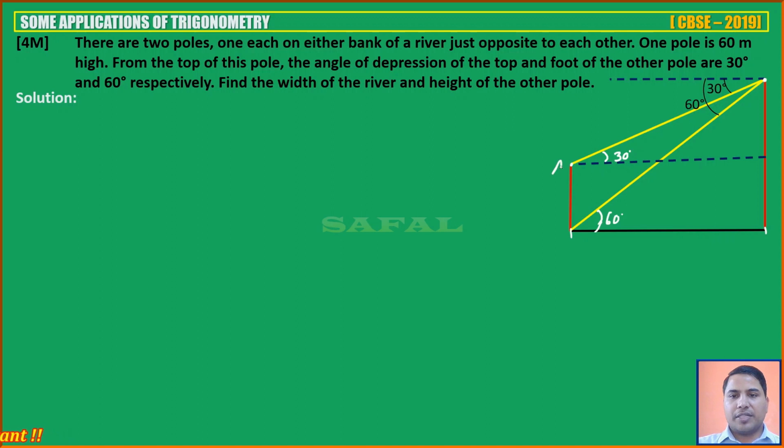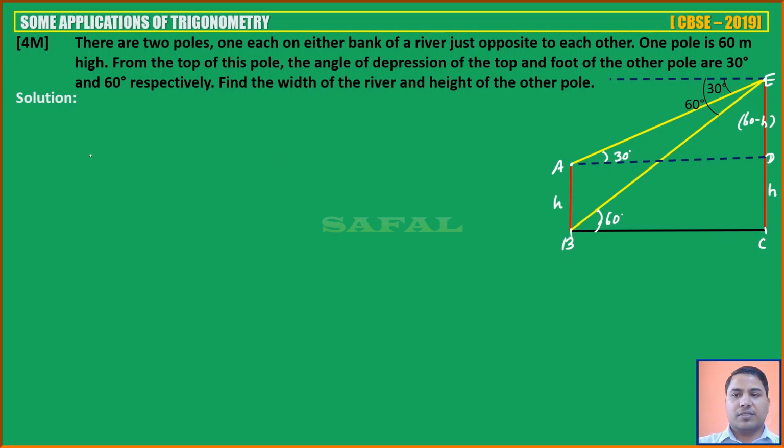So let us name it: this is A, this is B, this is C, this is D, and this point is E. If I take AB as H, CD will also be H. Now CE is given as 60, so ED will become 60 minus H, that will be the length of ED.